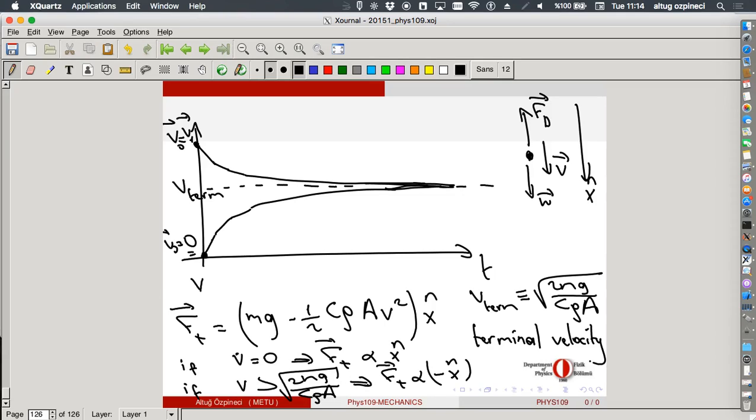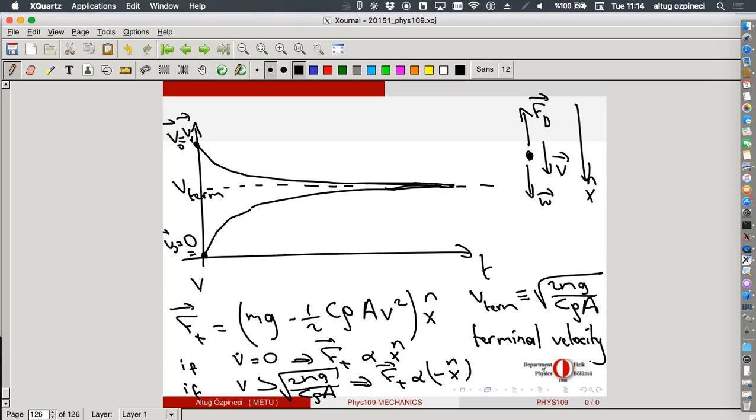I think you said that if a body accelerates, let's assume the body drops down, for a particular time, the difference in velocity reduces until it becomes 0, right? So that's the terminal speed. Yeah, when they reach the terminal speed, the velocity will not change.